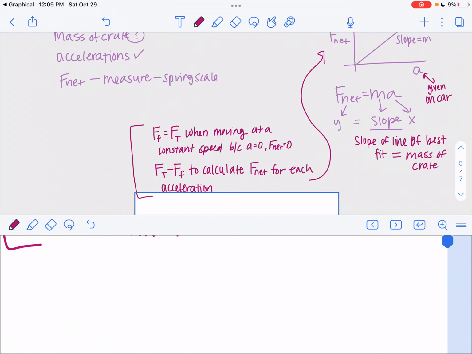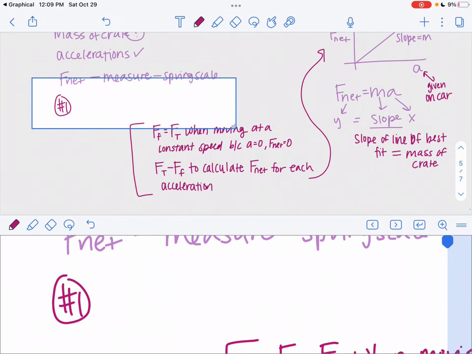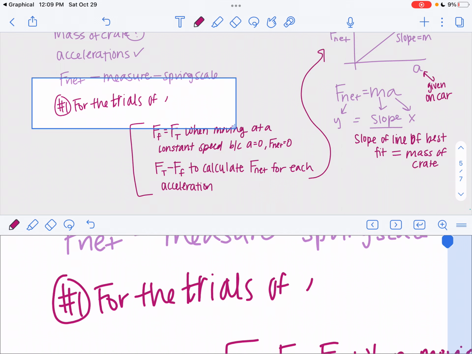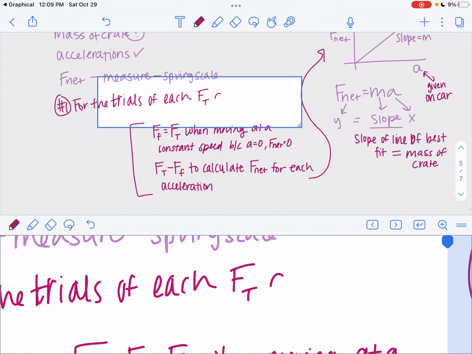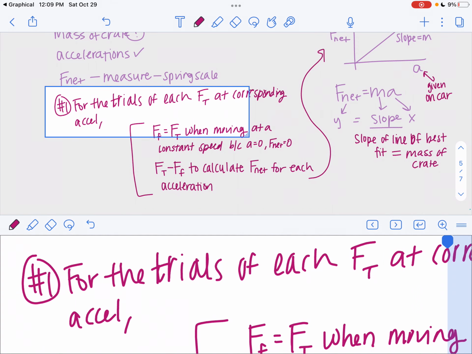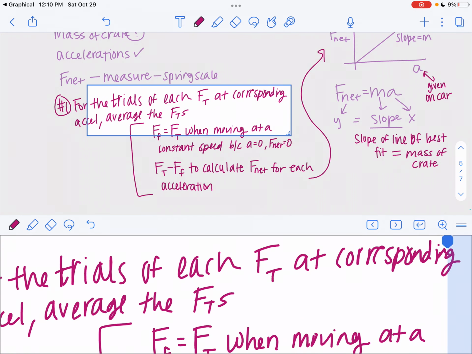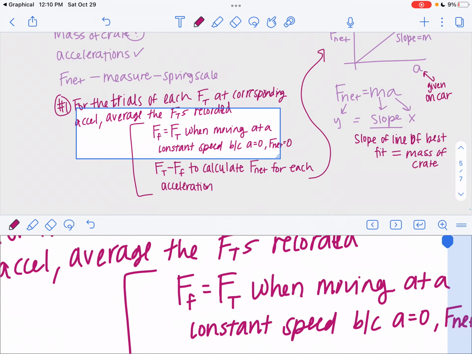And actually that'll probably be my first step here, for the trials of each FT at the corresponding acceleration, in Excel, average the FTs recorded. So that'll be step 1.